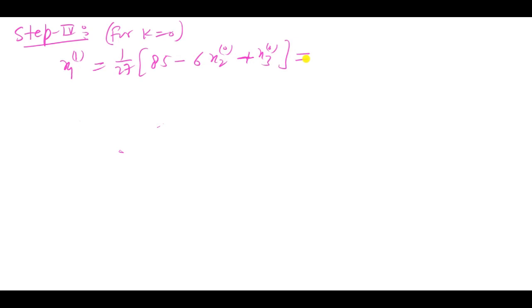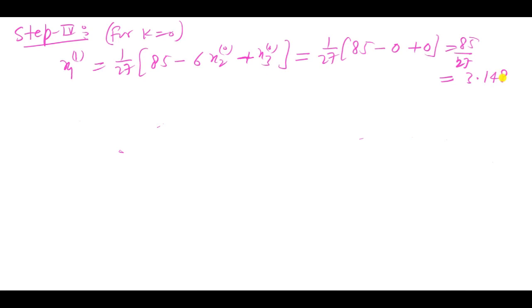That is, x2^(0) and x3^(0) are given 0 initially. So in that case 1 upon 27 times (85 minus 6 into 0 plus 0). So this is 85 upon 27 and this value is equal to 3.148, correct to 3 decimal places.